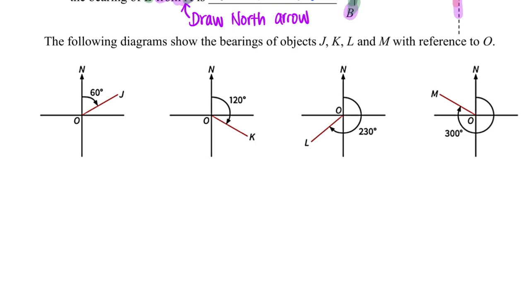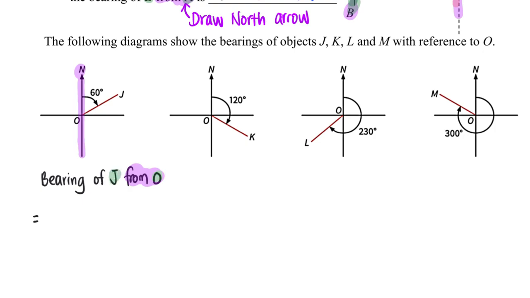We will have the bearings of the objects J, K, L, and M with reference to O. Let's practice. This is how you present your answer, by the way. I will always start with the bearing of J from O equals. From O is where we are going to draw the north arrow.